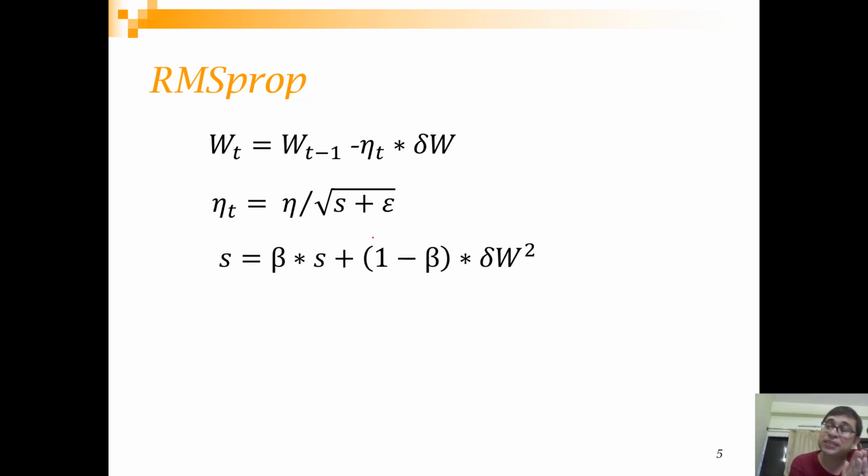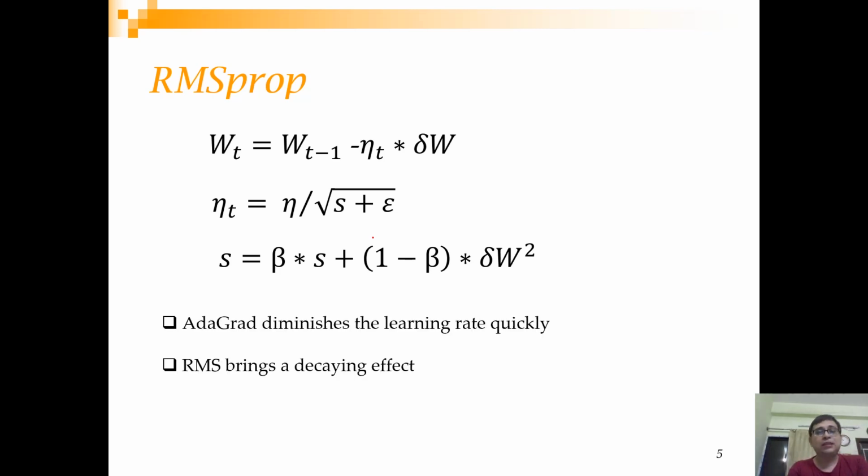Again, this has the same effect of taking a moving average, right? So the decay will not be completely dependent on the current term, or equally dependent on all the history terms, right? So it turns out that RMS prop brings a decaying effect, which improves the concept of ADA grad. So this is where RMS prop is different.